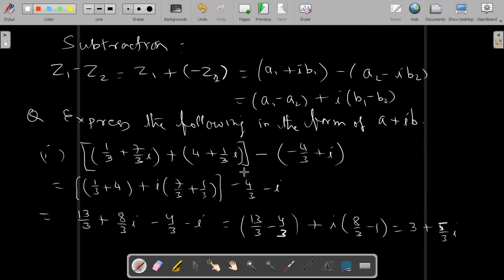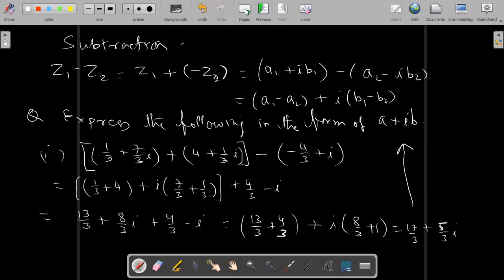Wouldn't it be 9 by 3? This will be plus, sorry. So then we will get 17 by 3, correct? 17 by 3 plus 5 by 3 iota. So this is converted into this form, a plus iota b. Like this we can convert.